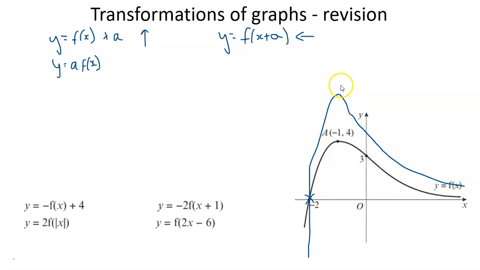It's going to stretch it out vertically. So it's still going to peak in the same place, but it's just going to be stretched out. All the lines are steeper, both above and below the axis, and we call that a vertical stretch.